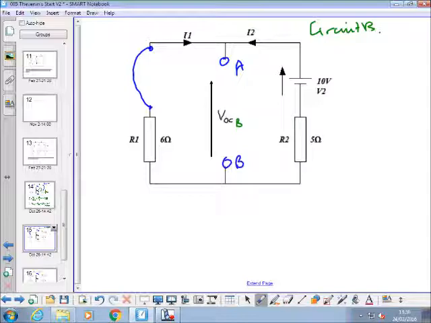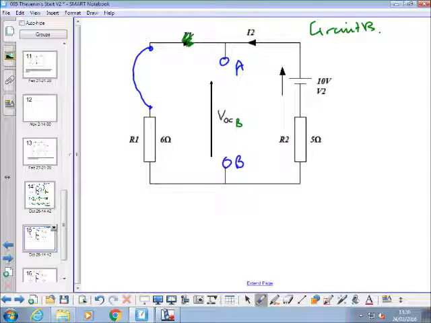I have done a lot of the work for you. So I'm going to leave you now to analyse that and find VOC,B. Have we got this right in terms of the direction of current flow, if we're coming out of that battery?